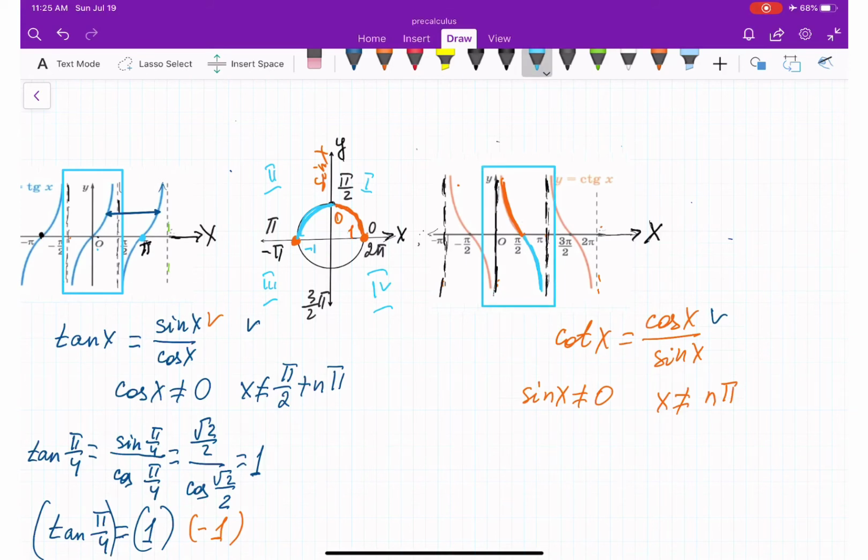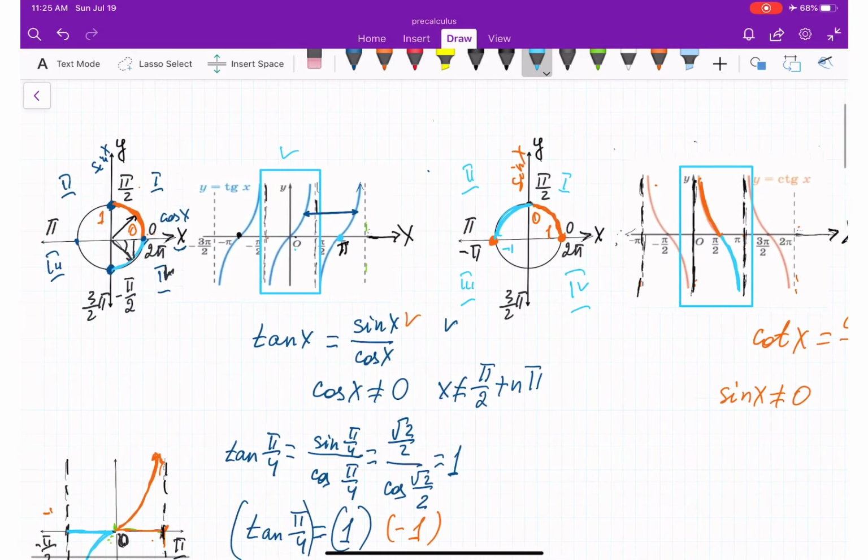So cotangent, while tangent is increasing, here it is on its unit circle period, and according to that it will decrease on any n times pi period. The period, as we can see, is 1 pi.